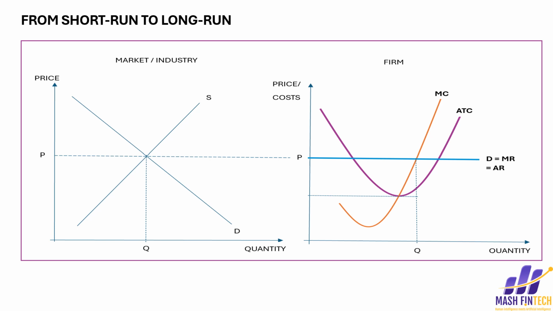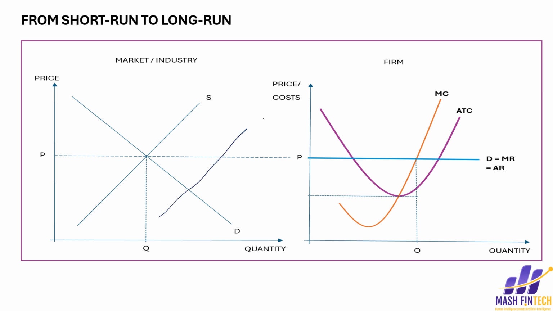Hence, firms are going to enter the market. As more firms enter the market, supply in that market is going to increase, and hence the supply curve for the market is going to shift to the right. So we are going to have this rightward shift of the supply.